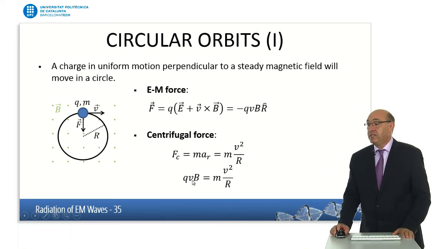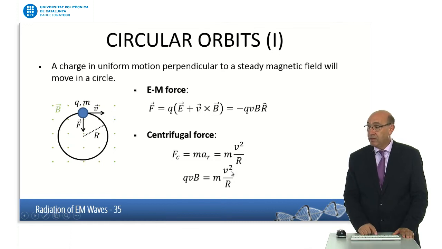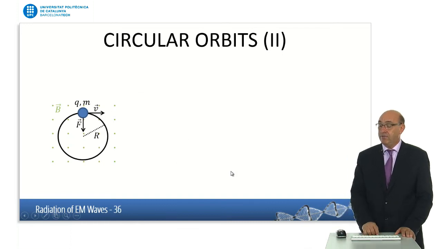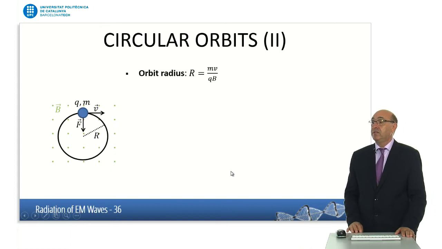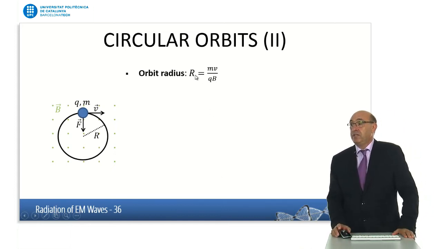And this is the law that will give you the radius in function of all those parameters. You see there's a velocity here, there's the square of the velocity there. So now we have the general law for the orbit. The radius of the orbit is proportional to the mass and the velocity, and inversely proportional to the charge and the magnetic field.